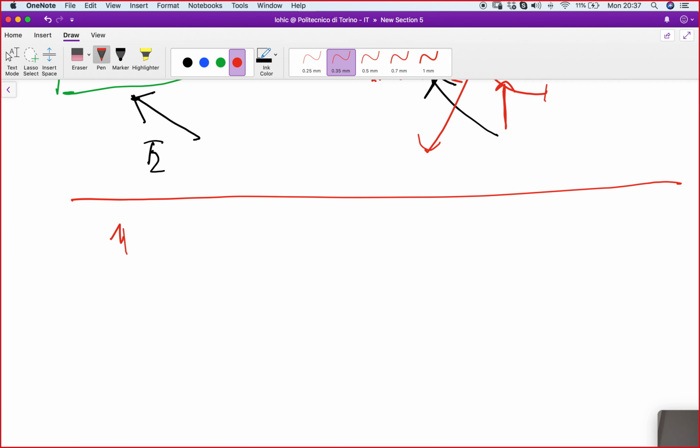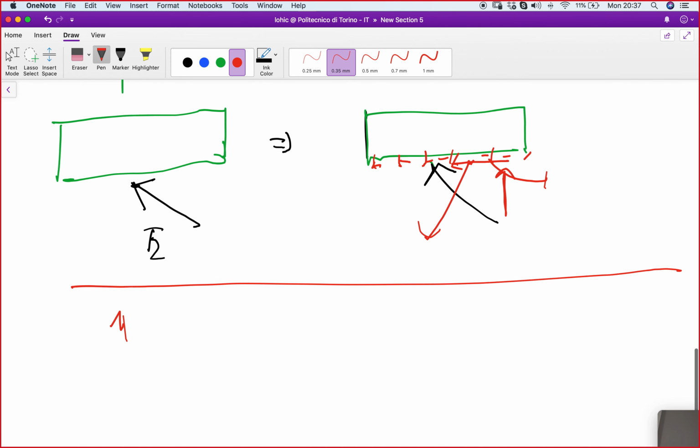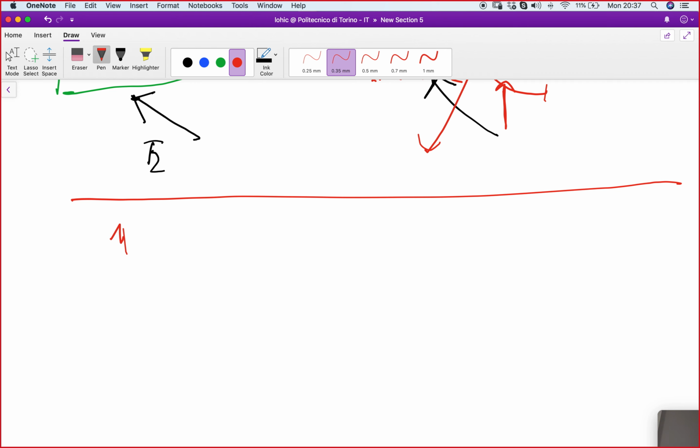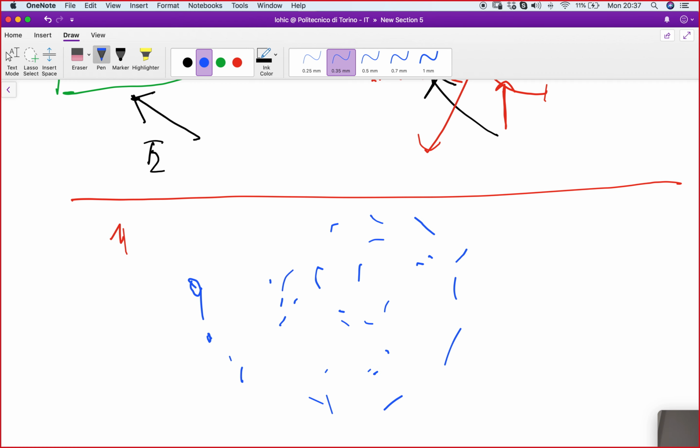This tells you that when you have a conductor inside a field, for example, you put a charge Q and this charge Q creates some field, and if you put some conductor inside, the field in this part will disappear.